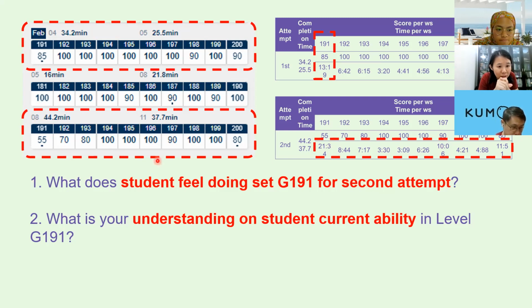4 and 5 is Thursday and Friday? So you want to see whether it's in class or not, is it? Let me check. This is February. 4 February is Friday. 8 is Tuesday. 11 is Friday.